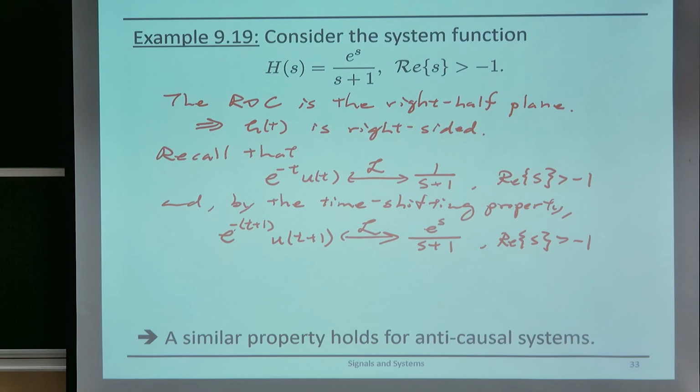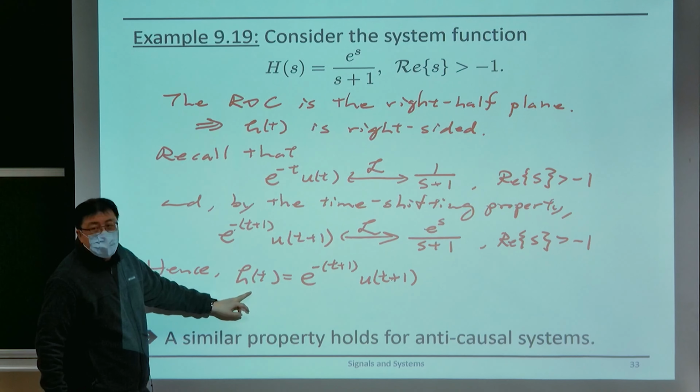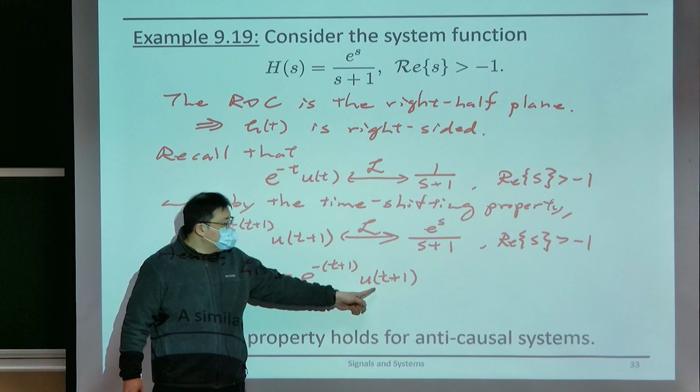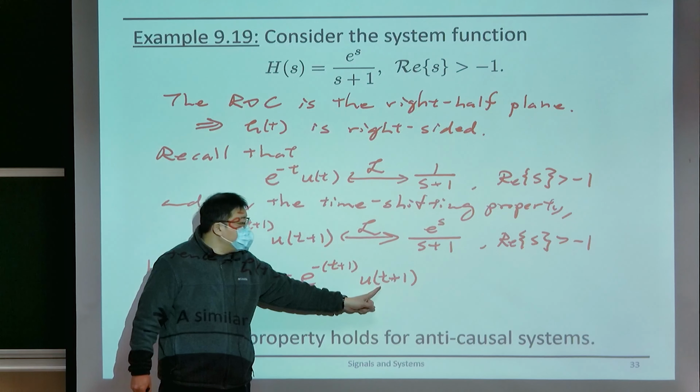So the impulse response corresponding to the system given here is h of t equals e to the minus (t plus 1) times u of (t plus 1). Now, this signal is non-zero for t greater than minus 1.